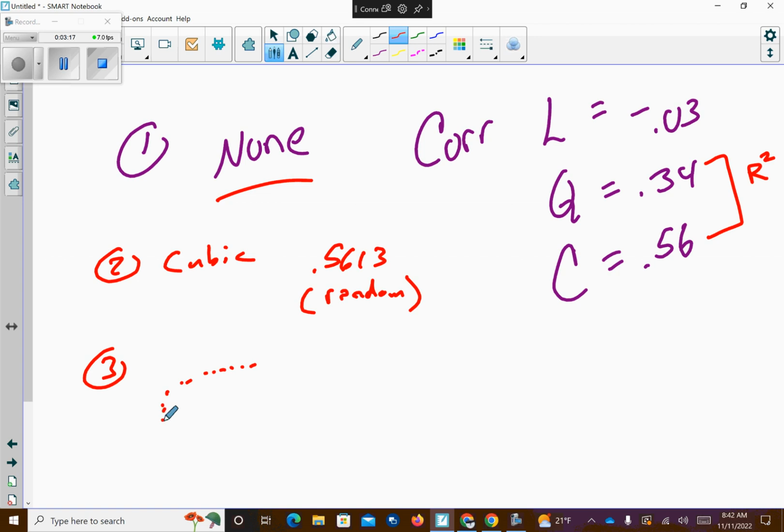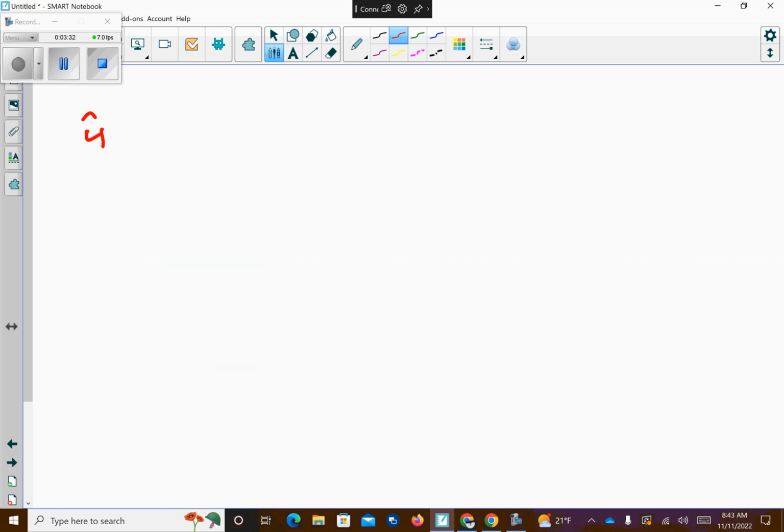Number 4, if you have a particular regression model with correlation of negative 0.9987 and has a residual plot that is clearly curve shaped. So that's the big key on this.